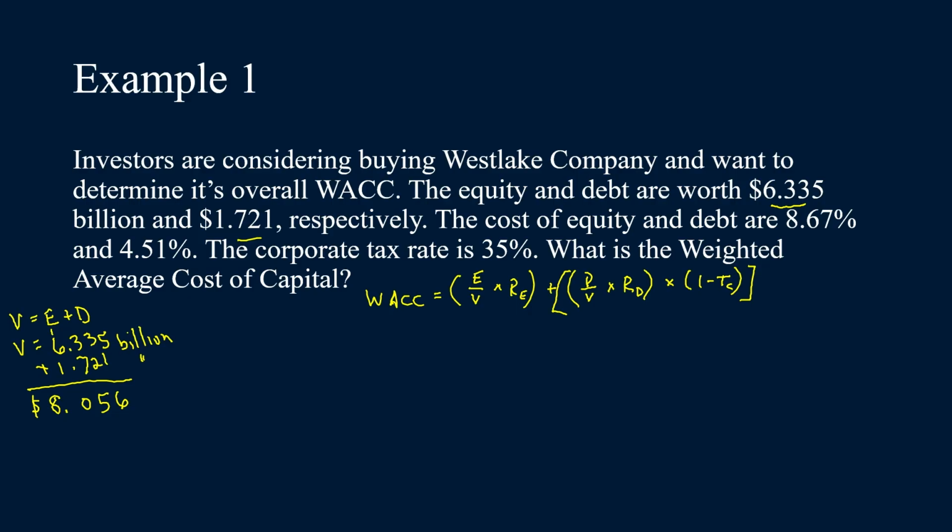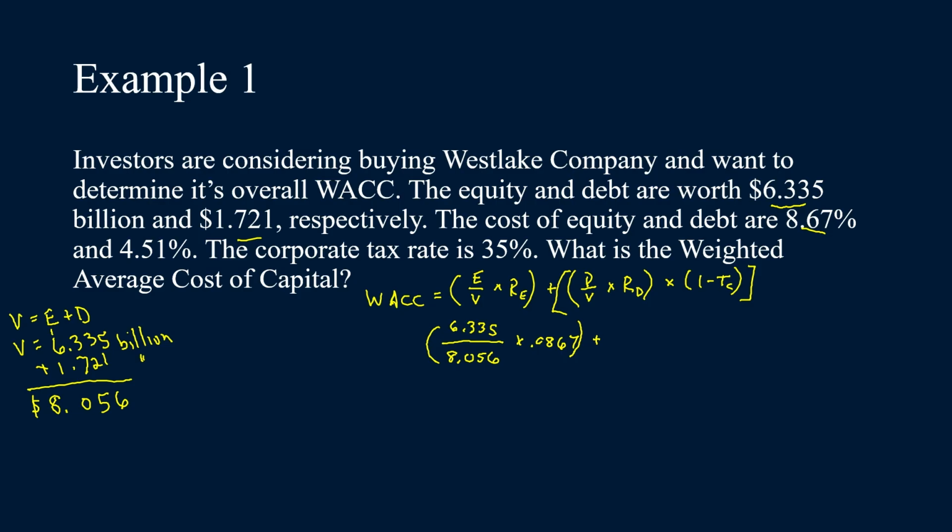So we have our equity, and our equity is, let's see, 6.335. We're going to divide that by 8.056, and we're going to multiply that by the cost of equity, which is 8.67%, so 0.0867. And then we're going to add all of that to our debt.